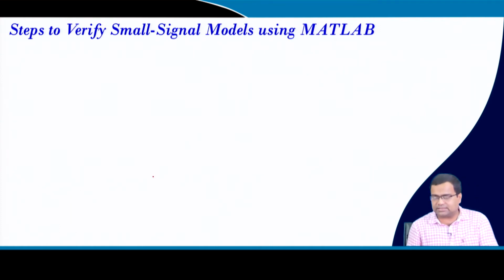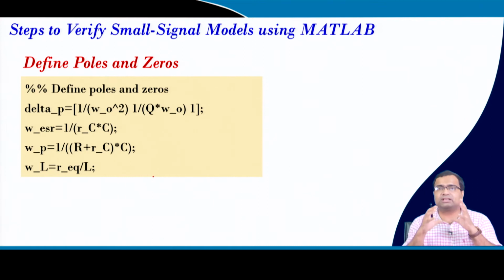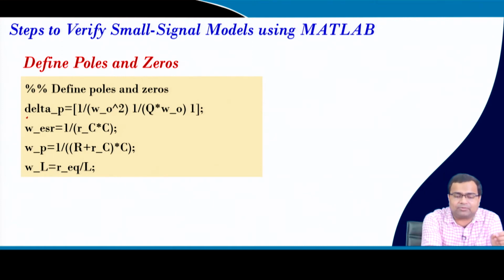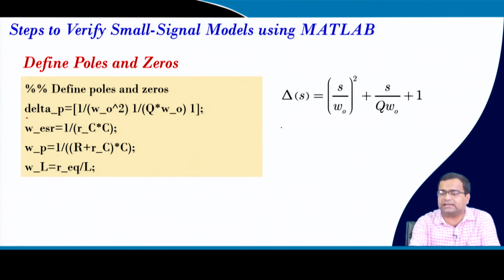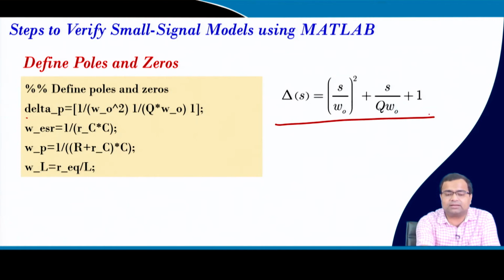Next, define poles and zeros. We have already talked about delta P, which is nothing but S square by omega 0 square, so it is 1 by omega 0 square, then 1 by Q into omega 0, and 1.